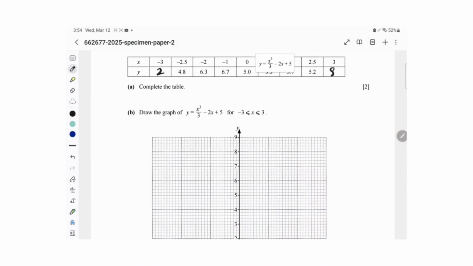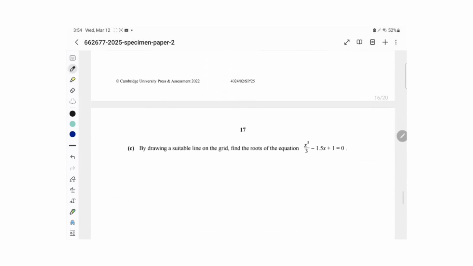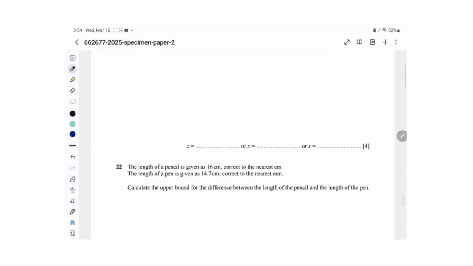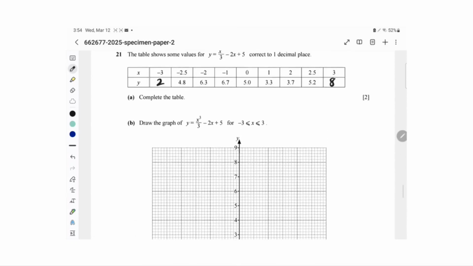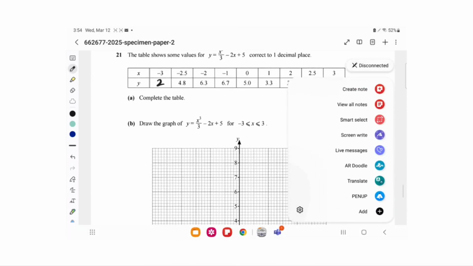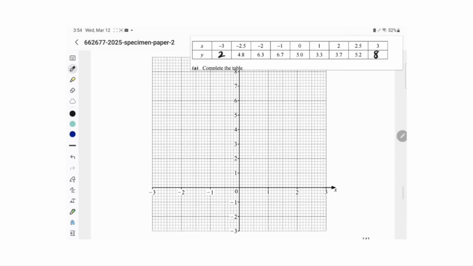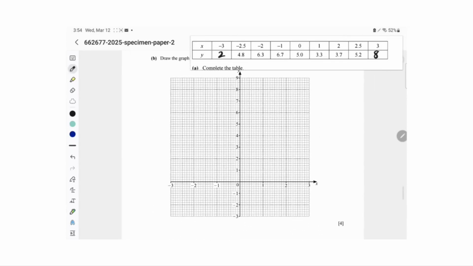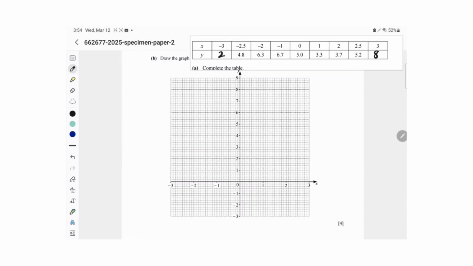Draw the curve on it, and then we have to find out the line. So take the coordinates and draw it. Minus 3 and positive 2.